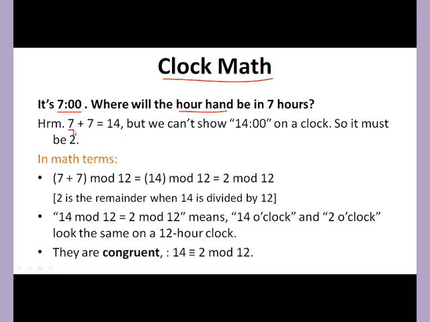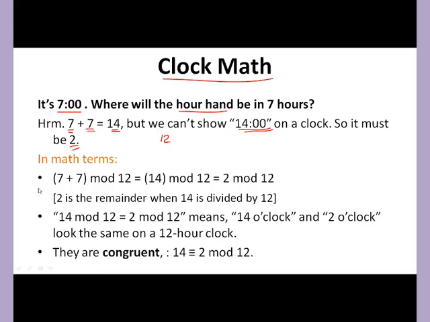Currently it is 7, so we can add 7 again, which gives 14. But what happens? It has only 12 hours, 0, 1, 2, 3, 4 up to 12. For 13 it will go to 1, and for 14 it will go to 2. Intuitively we can say that 14 is equivalent to 2.